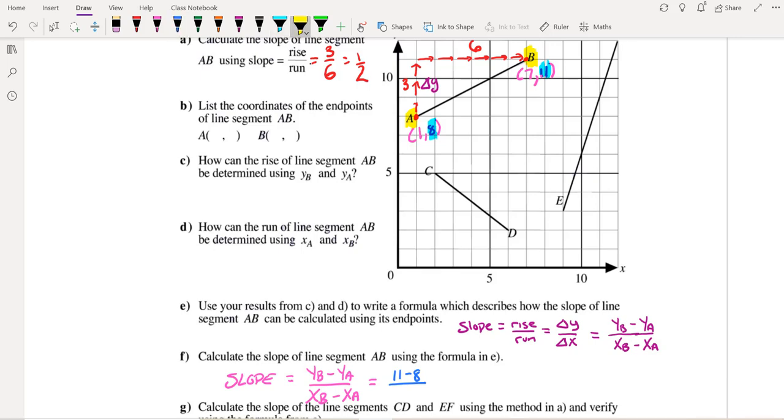Our xB position is 7 and our xA value is 1, so we go 7 minus 1. Then we just clean this up. So 11 minus 8 on the top is 3. 7 minus 1 on the bottom is 6, which is equal to a half.